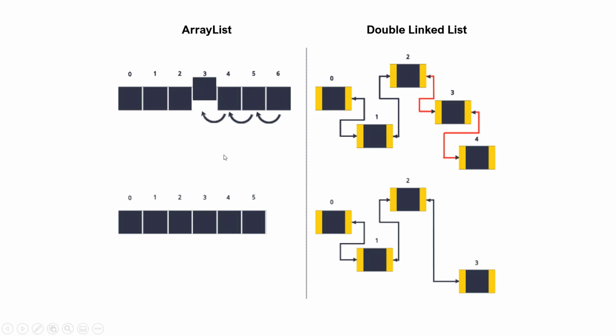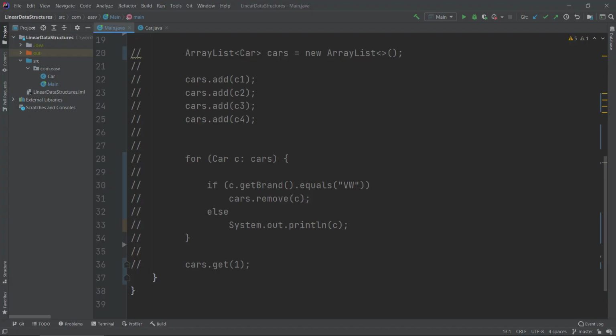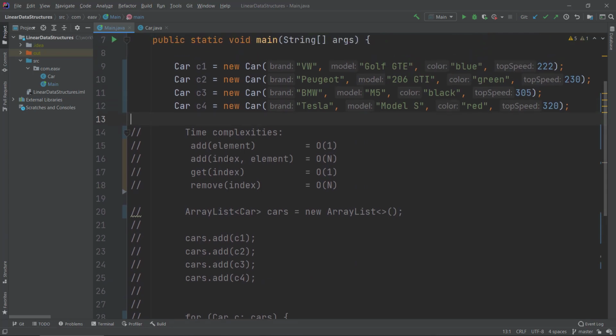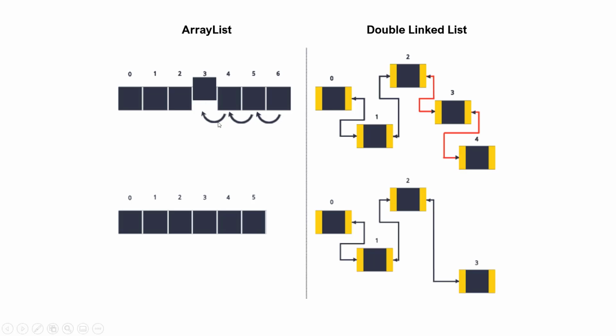So there is some work associated with adding a new element or removing an element. So that's also why we have this time complexity of big O of n when we add an element at a certain index, because we might have to shift these other elements. But a linked list works differently because we don't have an underlying array. We just have these nodes that are connected by references to each other.